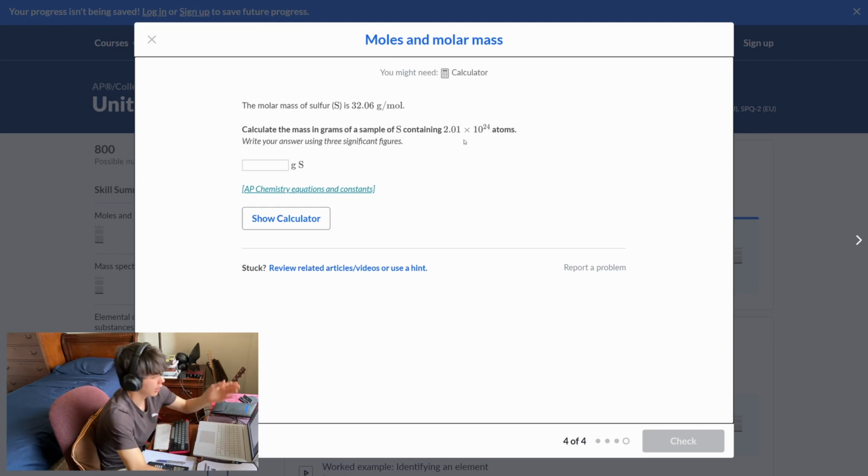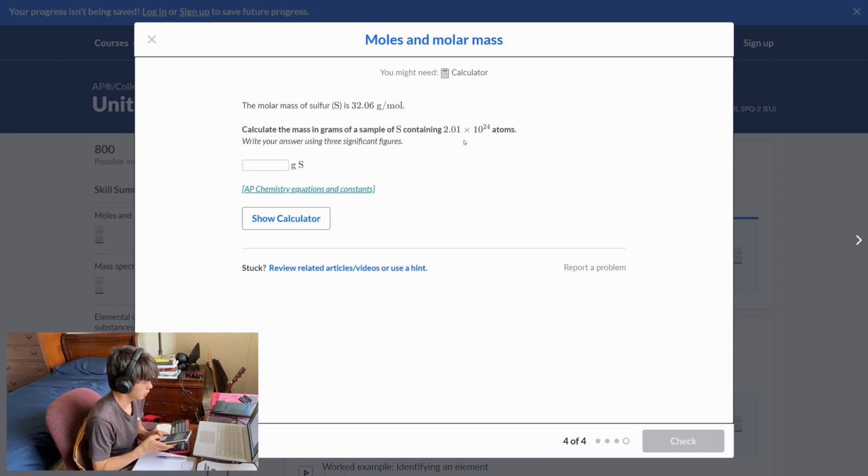So we multiply that by Avogadro's constant, 6.022 times 10 to the 23. And then we get the number of moles. But we now have the number of grams per mole.